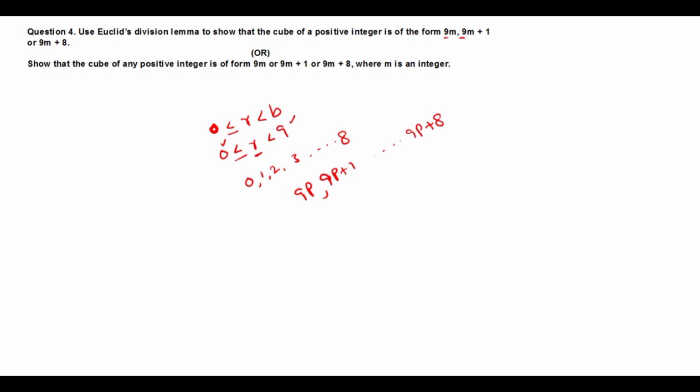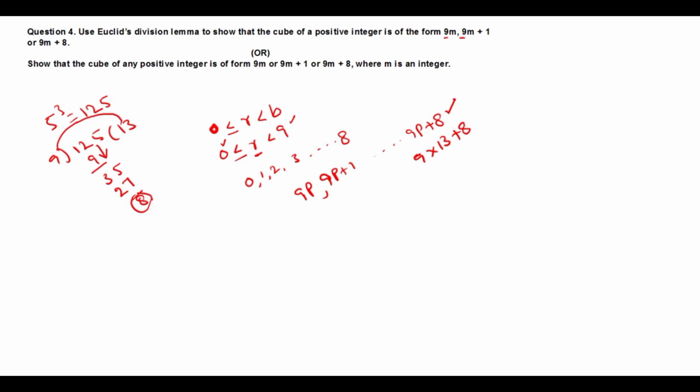For example, what is 5 cubed? 5 cubed is 125. If you divide 125 by 9, what do you get? 9 ones are 9, remainder 3, bring down the 5, 35. 9 threes are 27, so the remainder is 8. It is of the form 9 into 13 plus 8.